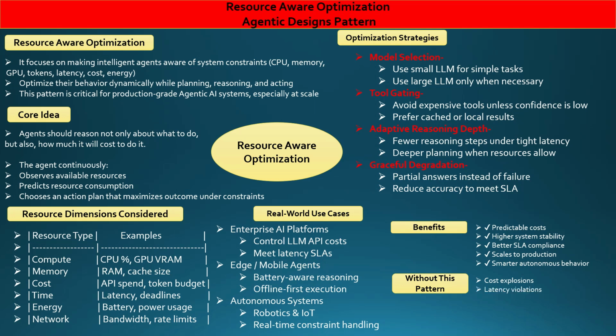Next is latency violations. The agent reasons deeply even when not needed, and calls external tools every time. As a result, it slows the system and frustrates users. Next, GPU OOM errors.